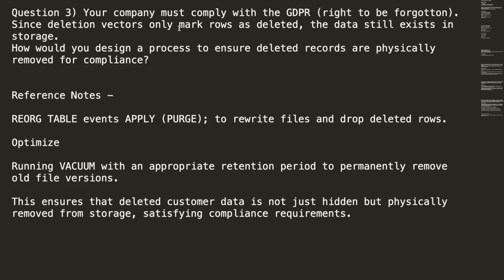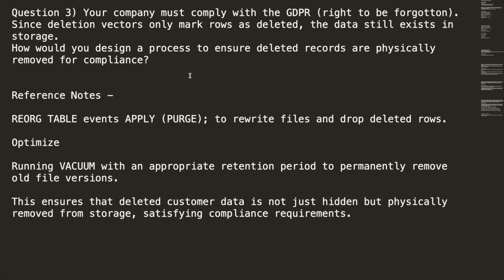It's a logical or soft delete, because we are putting a tombstone marker, and while reading it understands that it has to ignore this data while showing the results. So since deletion vectors only mark rows as deleted, the data still exists in storage. How would you design a process to ensure deleted records are physically removed for compliance? Because you have a compliance requirement to follow, you want to physically remove those records. How will you go about it?